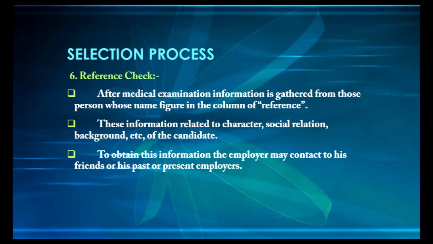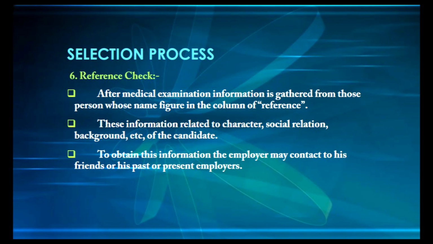And the sixth selection step, reference check. This comes after medical examination. Information is gathered from those persons whose names figure in the reference column. We already saw in the blank application that the reference section is available.